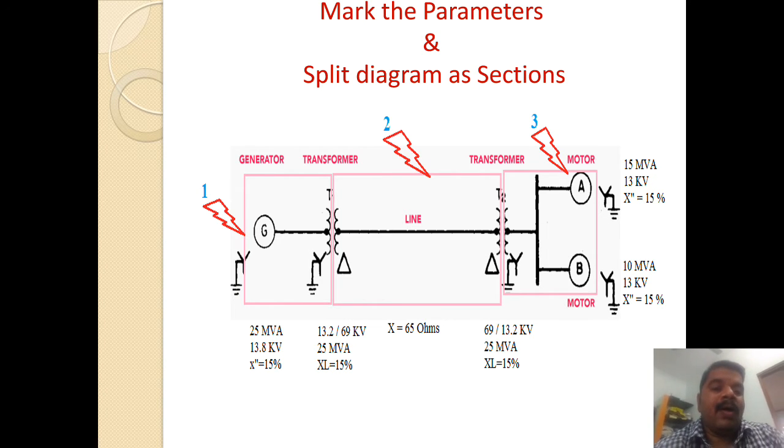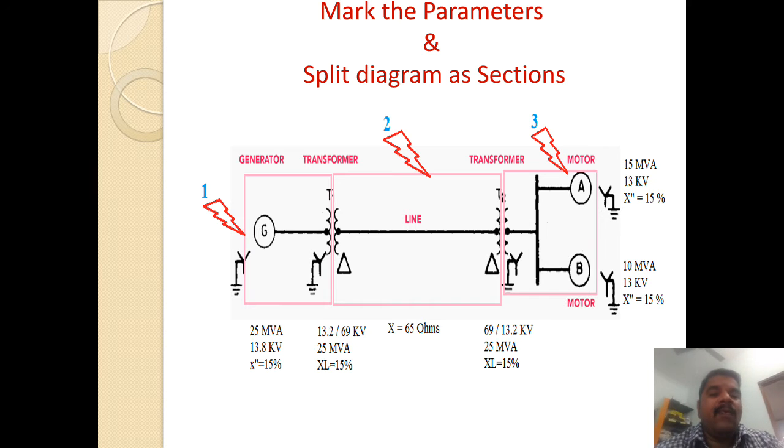From the generator to the transformer T1 we consider section 1, because we are considering the same line voltage: generator 13.8, transformer T1 13.2, so more or less the line voltage remains the same. According to that you select the rating. So for the transformer T1 the primary value is 13.2, and the secondary value is 69 kilovolt.